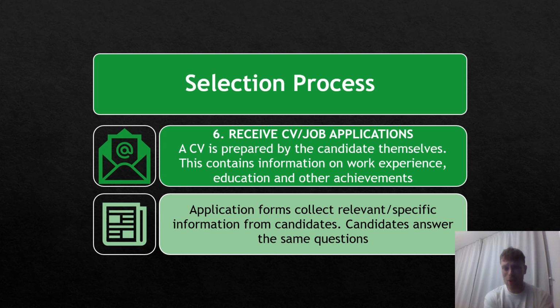Some candidates as well like to include things such as their hobbies and interests to show that they've got a bit more of a personality, or trying to portray their personality to the person who is looking at their CV.